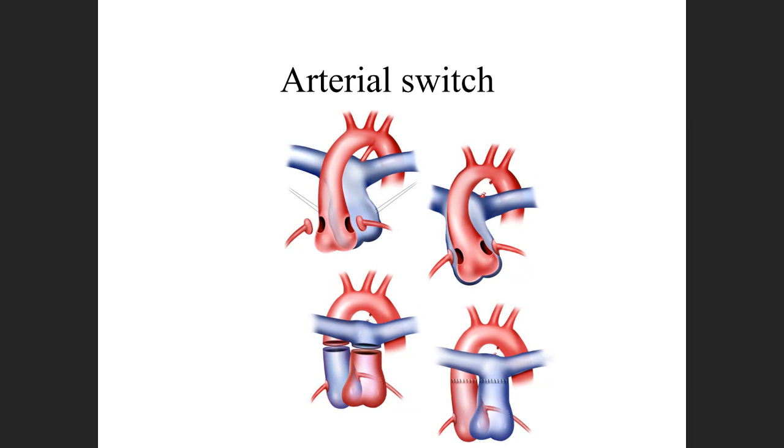And that's the arterial switch operation, which is usually done in the early months of life. Other operations may be done depending on what other existing defects there are. So that is a really simplified explanation of how transposition of the great arteries is managed.